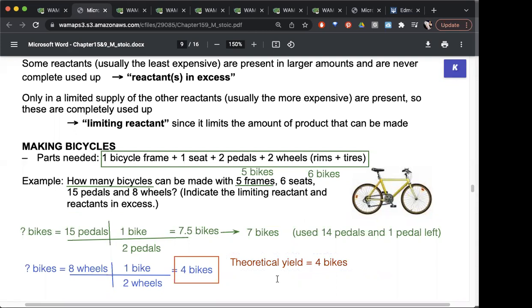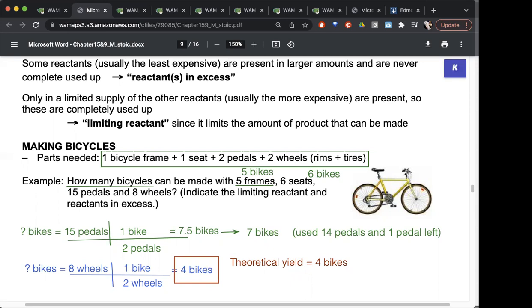What does that mean? That means that if we want to assemble the bike and everything goes according to plan, right? We don't wreck anything. We don't damage any parts in the process. If everything goes just right with 5 frames, 6 seats, 15 pedals, and 8 wheels, we could make 4 bikes. That is the theoretical yield.